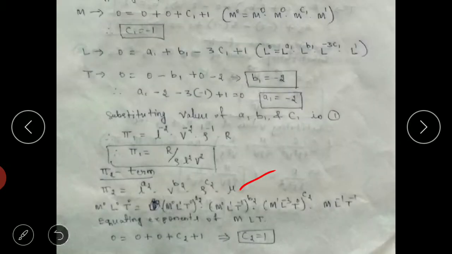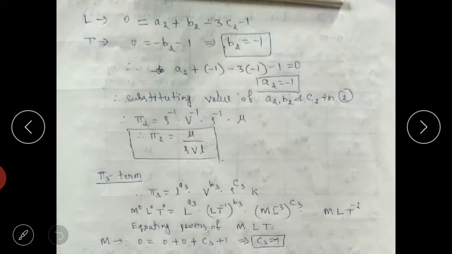Here is the pi 2 term, and here is its MLT form. Then equating powers of MLT and solving the equations, we get the values of a2, b2 and c2. Substituting them back in equation number 2, we get pi 2 is equal to mu divided by rho vl.